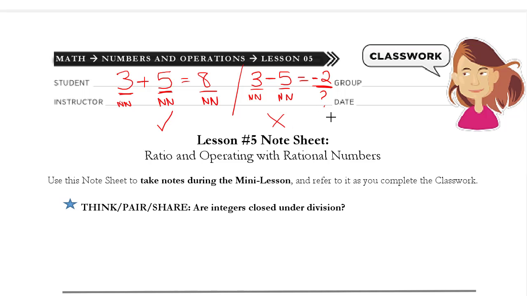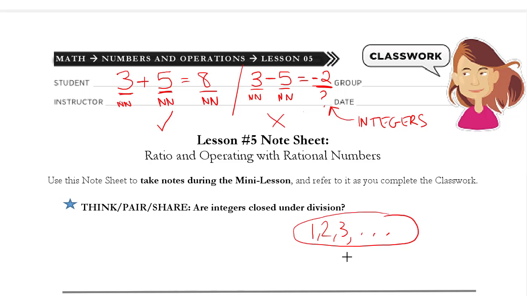And this, in fact, allowed us to create a new type of number. If we recall, we said we can extend the natural number system to include integers, right? So this allowed us to expand our number system. We first started off with all the counting numbers, 1, 2, 3, and all of those numbers we said are natural numbers.